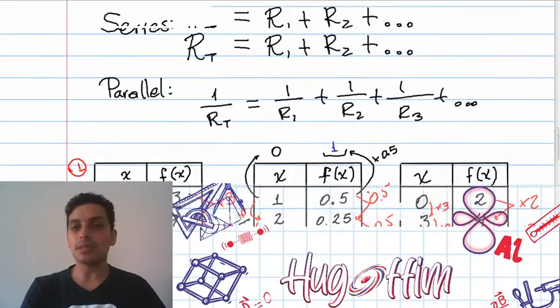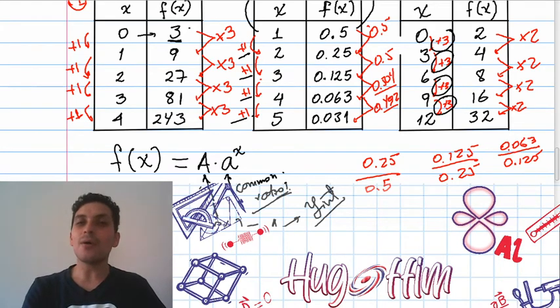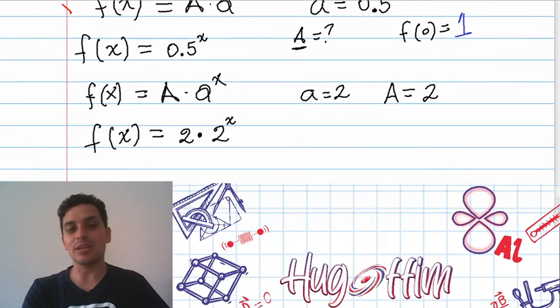The problem is that I'm increasing the independent variable 3 by 3 instead of 1 by 1. Okay? So how could you fix this situation? You can fix this situation by multiplying the independent variable times 3.